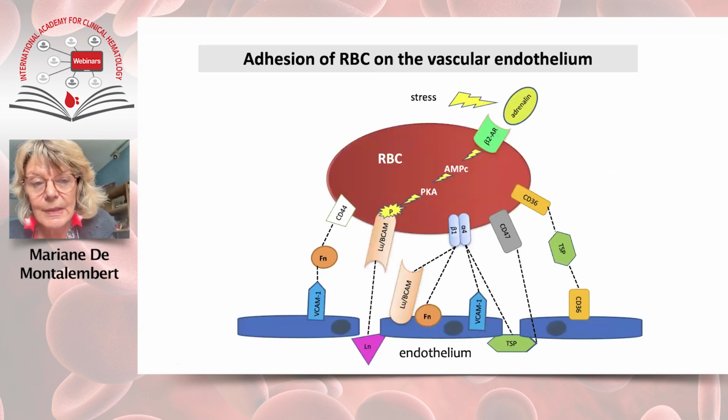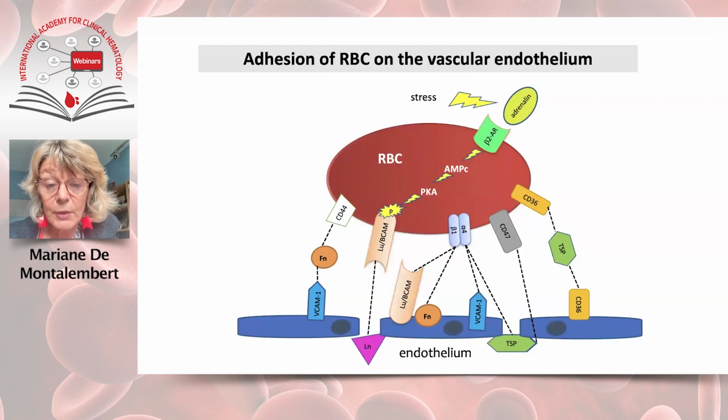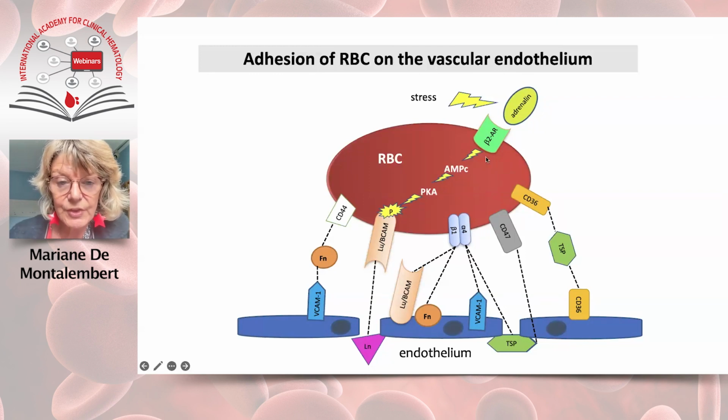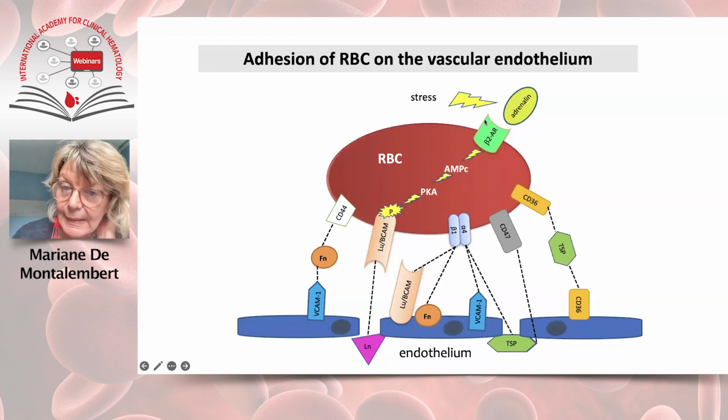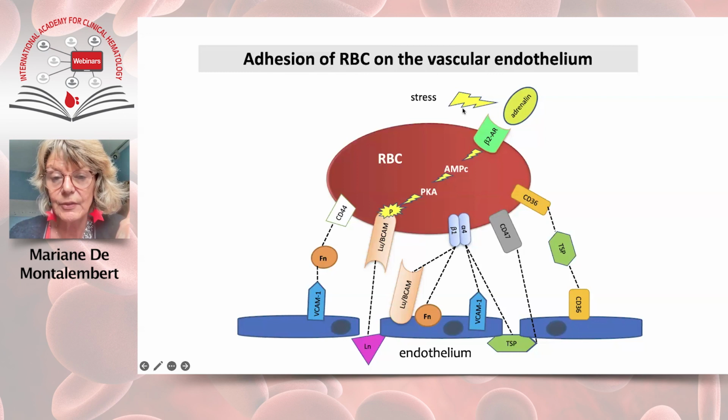And indeed, we know now that the red cell stays longer in the capillary because it is stuck to the surface of the vascular endothelium through a lot of bridges. Here, I would like to underline this bridge because it is provoked by stress.